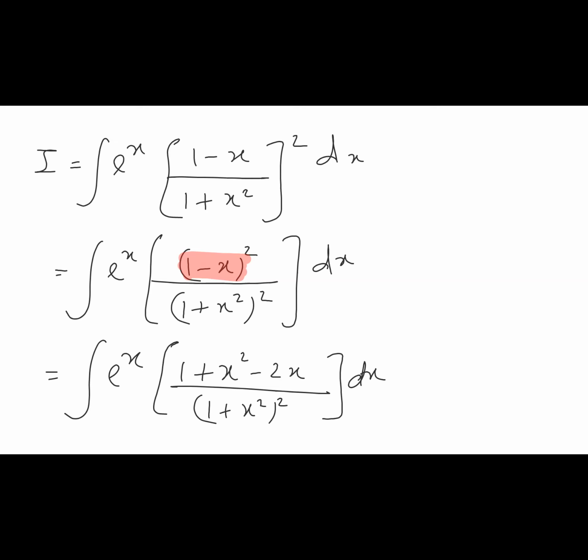Now we'll have to split. See, we are not expanding the denominator because 1 plus x square, same thing is there in the numerator, right? So we avoid expanding the denominator because we can split now. Same term we got.